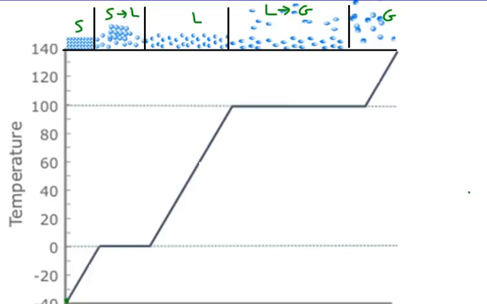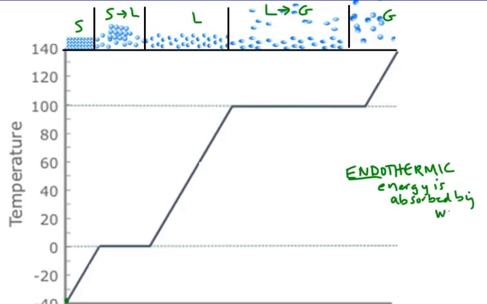Because the overall trend is an increase in energy, an increase in temperature, this is what we call an endothermic graph, because endo means in, therm means heat, so energy is absorbed by the system, in this case the water. We see that because the overall trend of the graph is going up.